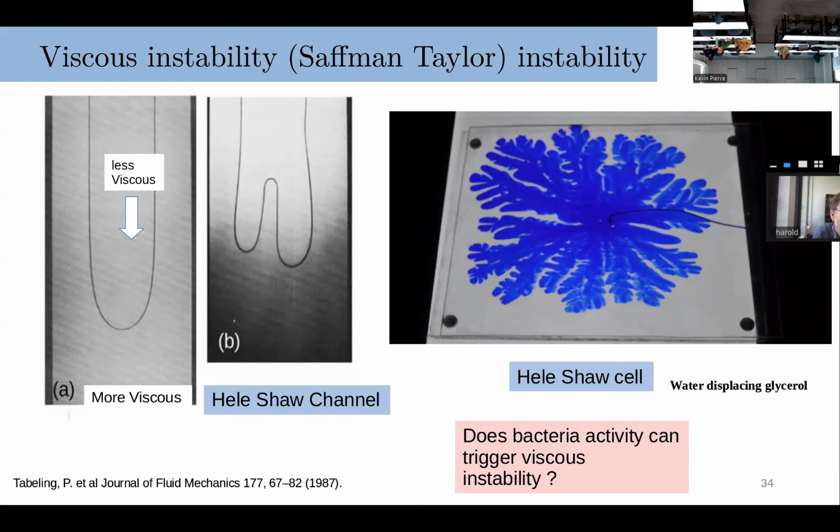And so we tried to see if we are able to observe viscous fingers with bacteria. And so that's on the next slide.